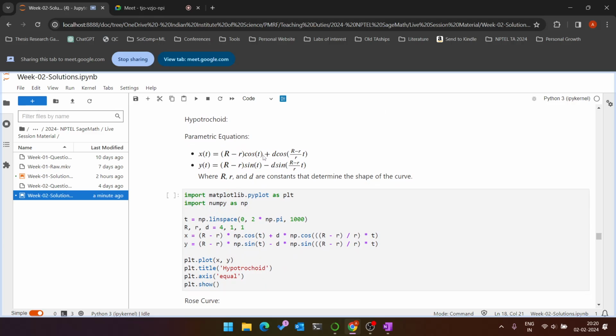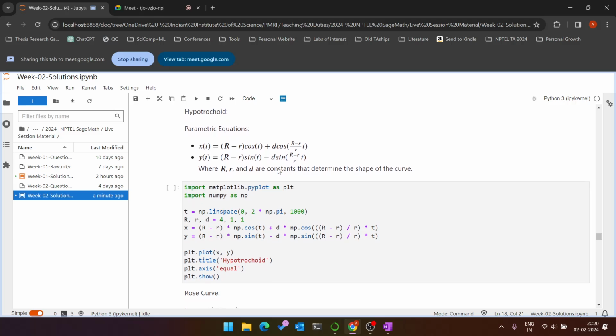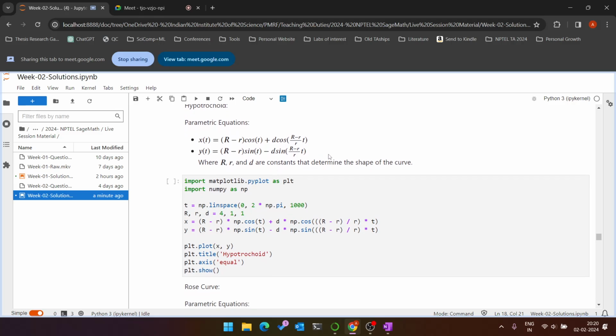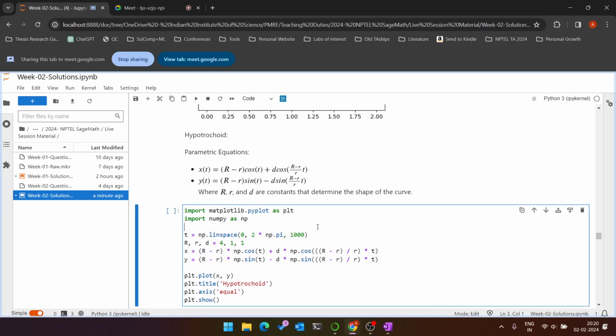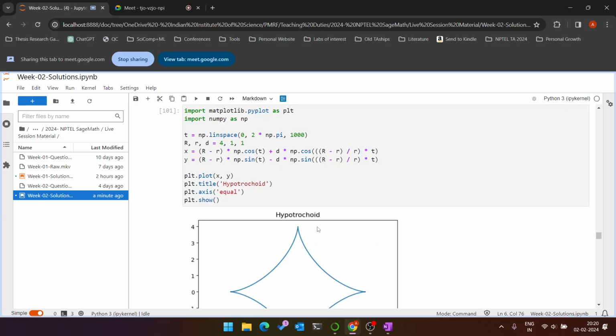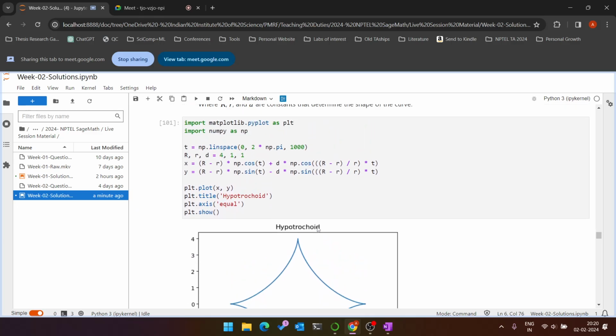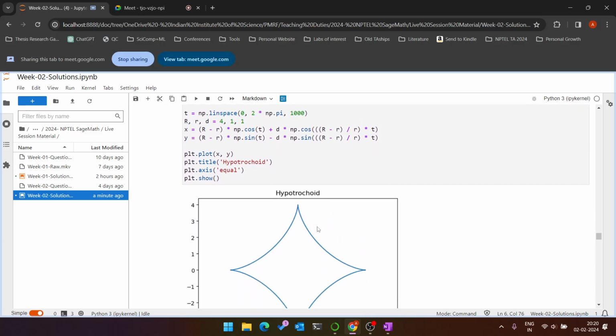And the parametric equations for the same are x is equal to (R minus r) cos t plus or minus d times sine of ((R minus r) by r) t. If I plot this, you can see a hypotrochoid looks something like this.